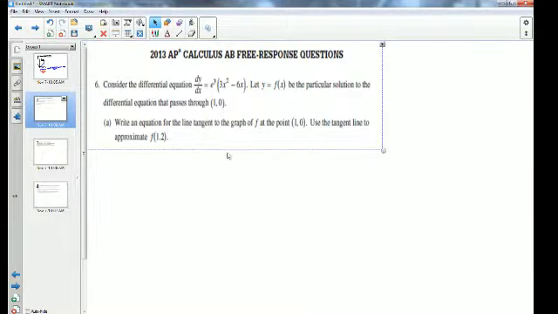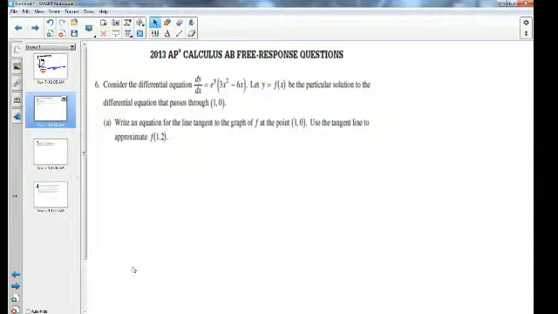There's your point. This you will understand later in the year. This is the last thing we do. It's called differential equations. We will actually calculate the y equals equation from the derivative. We go backwards. But part A: write an equation for the tangent line to the graph of f at point (1, 0). Use the tangent line to approximate f at 1.2.